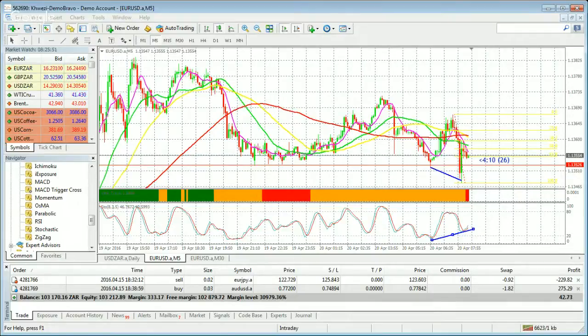Might this be the one that slightly pushes up? I think we're going to see quite a bit of sideways movement, and we're going to get that stochastic moving up.